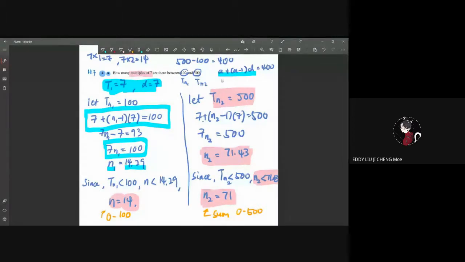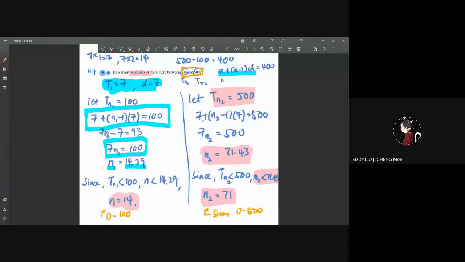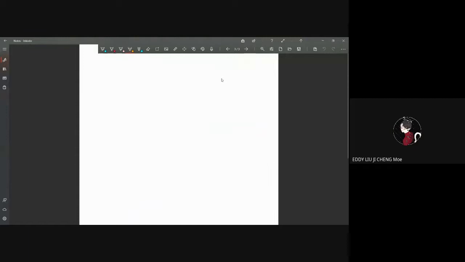Okay, and then there is another alternative. We can minus 500 and 100, and we will get 400, and like this we know that 7 plus n minus 1 equals 400. Then we multiply, we will get 7n equals 400, and then n equals 400 over 7.